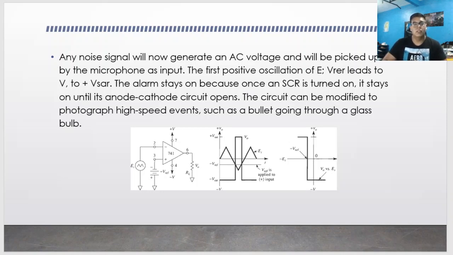The alarm stays on because the SCR is turned on. It stays on until another circuit opens the cathode. The circuit can be modified to photograph high-speed events such as a bullet going through a glass. Can we see the circuit and theoretical signals?